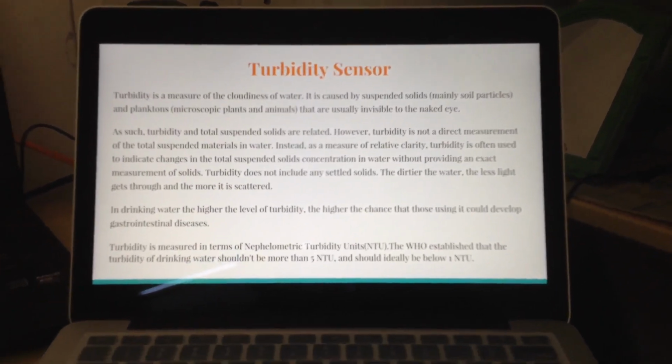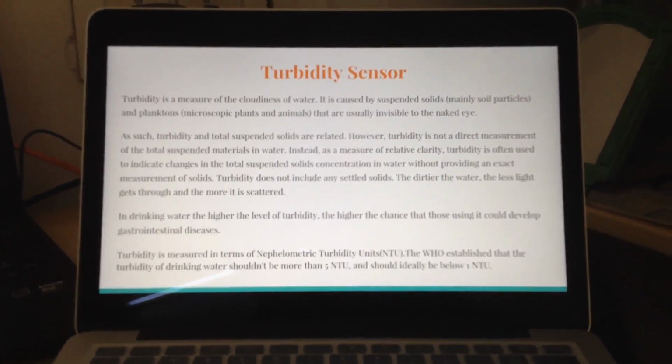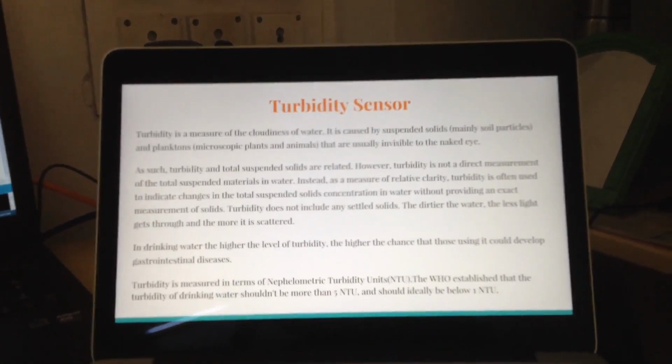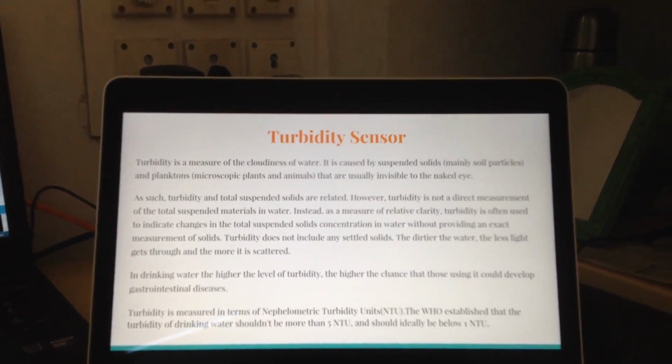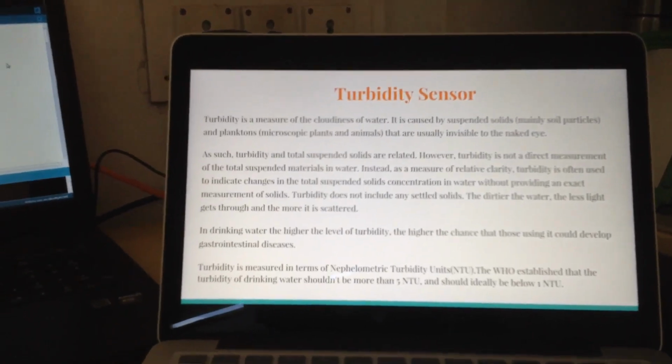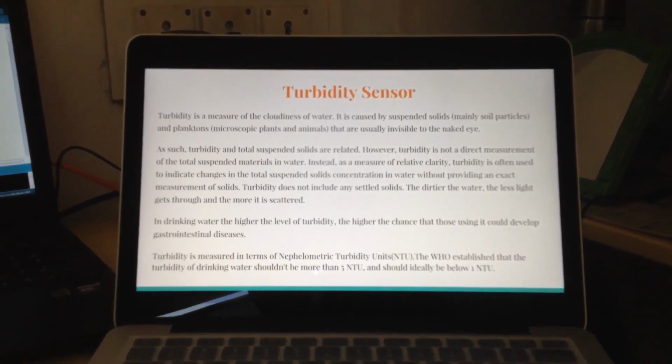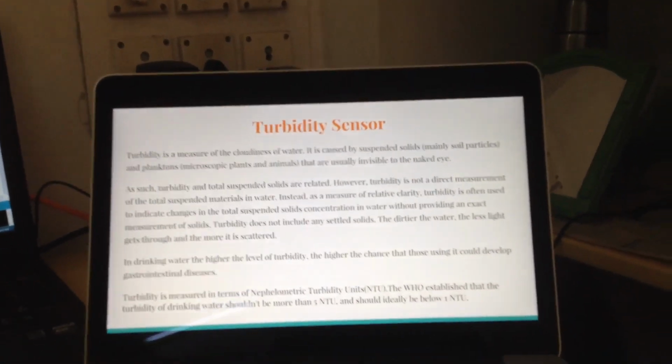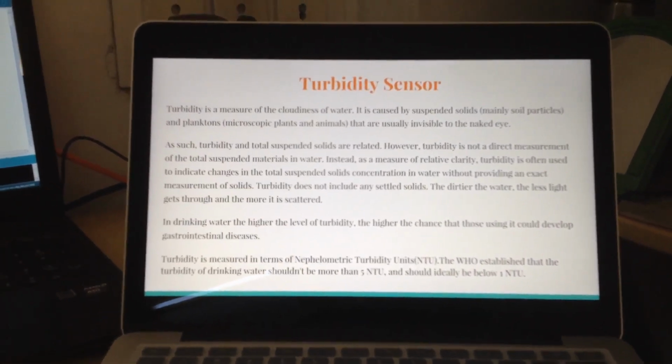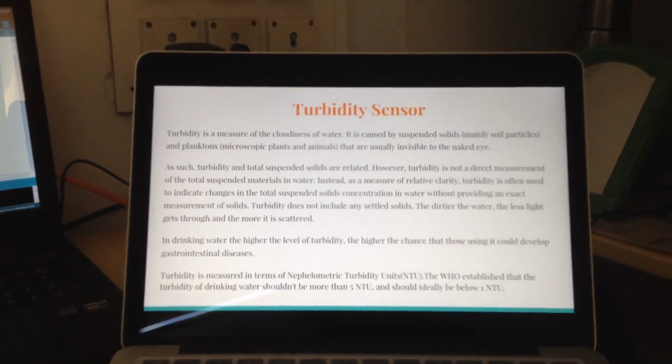So for every sensor, we needed to figure out a way to convert the physical phenomenon into some sort of measurable electrical property, so we needed a transducer for that, which basically does the conversion process.